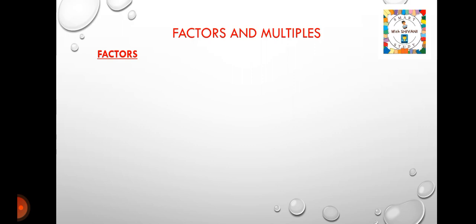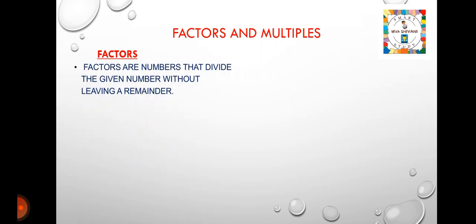Moving ahead, the next topic is factors and multiples. Now, what do we mean by the term factor in mathematics? Factors are the numbers that divide the given number without leaving a remainder. A factor of a number is less than or equal to itself.